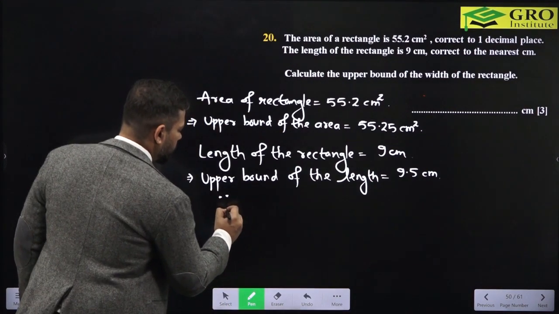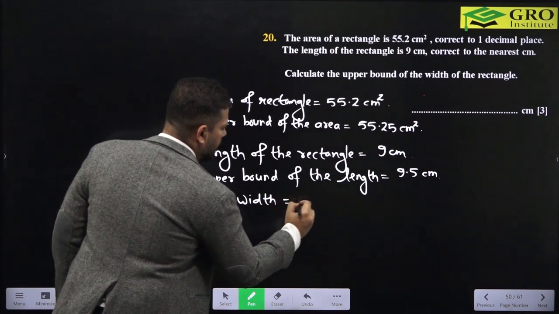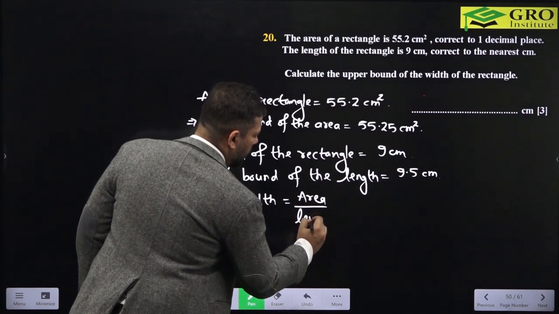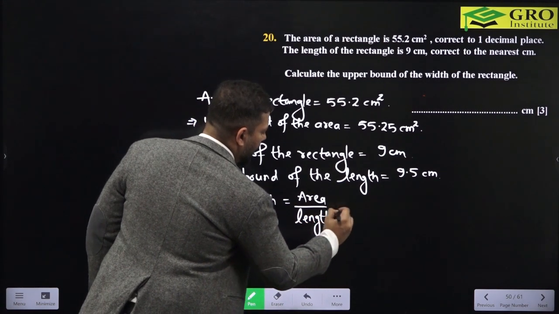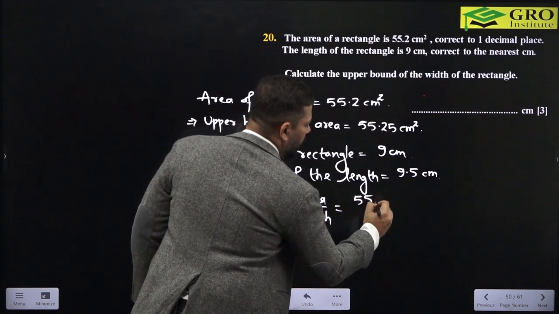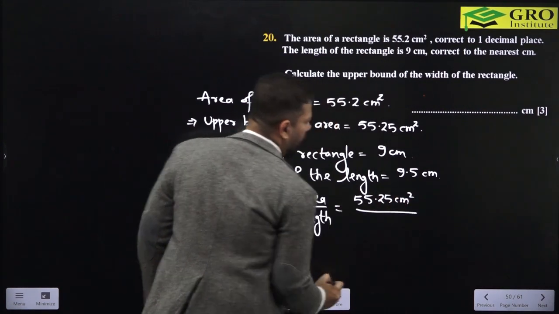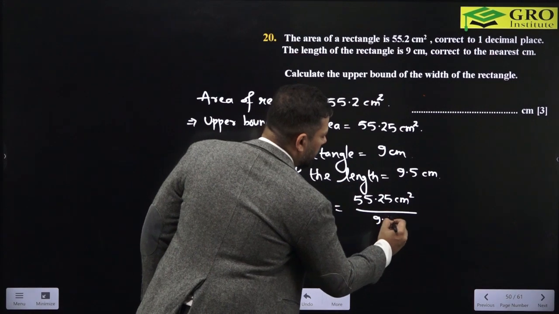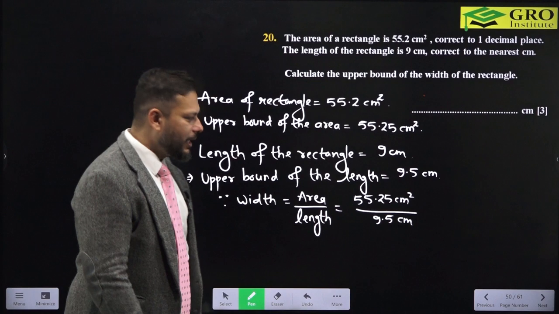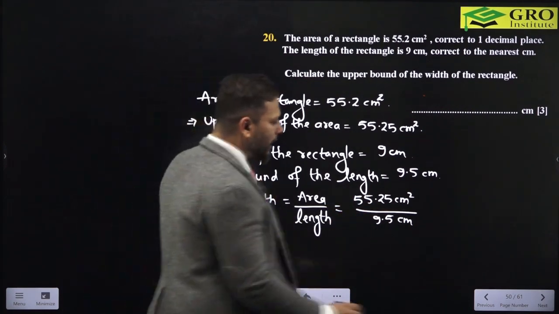Since width is equal to area upon length, it would be equal to 55.25 centimeter square upon 9.5 centimeter. Right, guys? We are dividing area by the length, and let us quickly solve it.